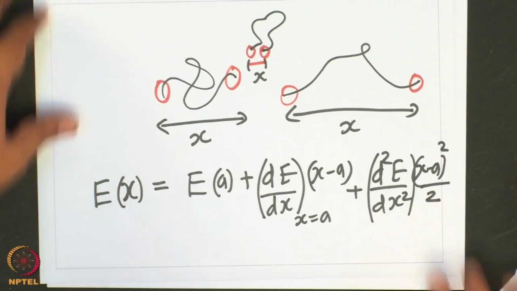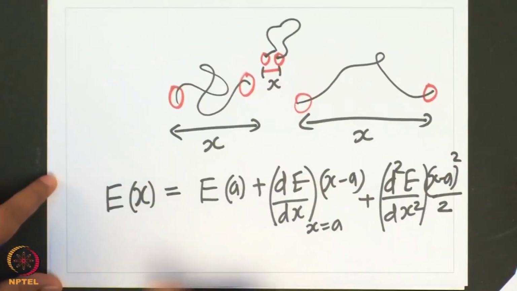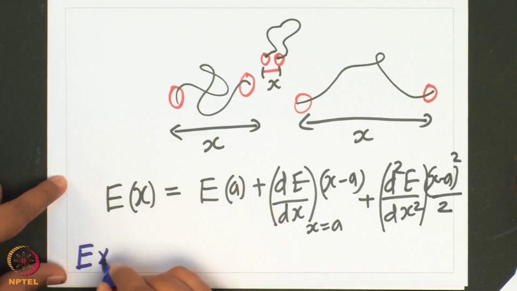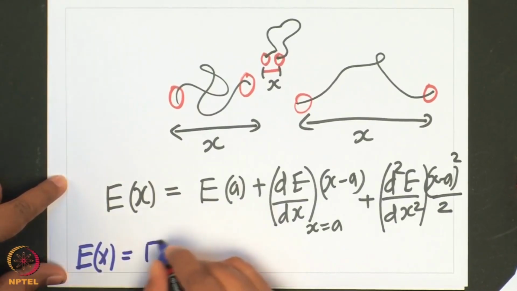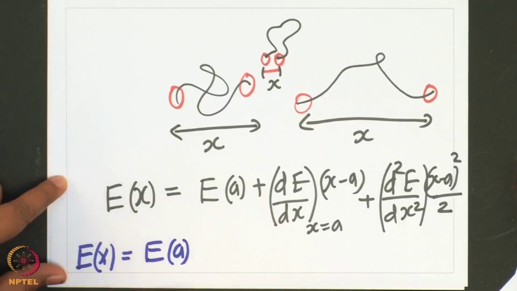Right? So let me rewrite this a little bit more carefully. The energy at any point x can be written as the energy of some configuration a.